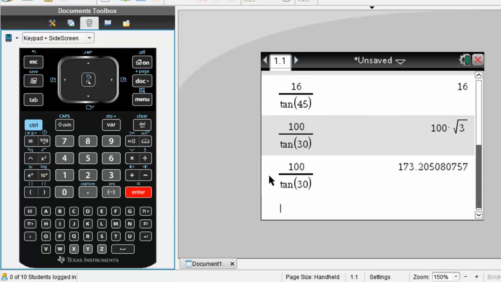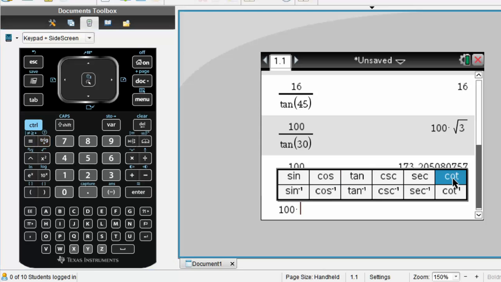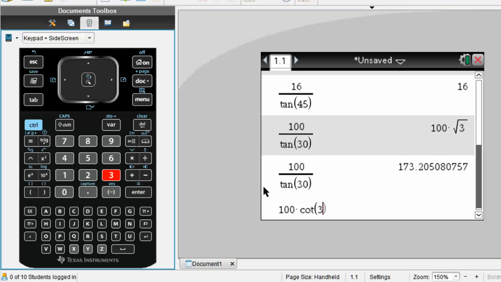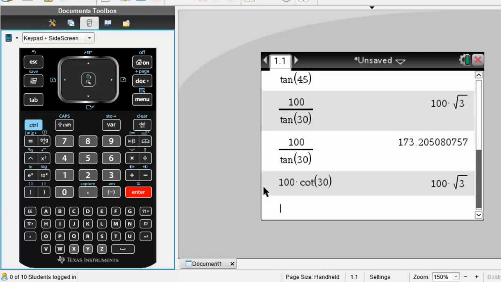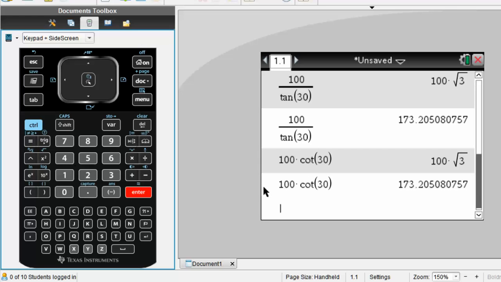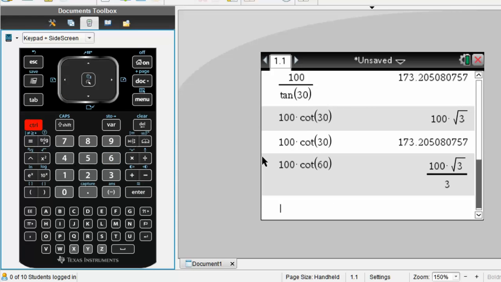So when I go to the calculator here, 100 times the cotangent of 30. And that's not going to work. Of course, that's not going to work because I used the wrong angle measure here. It shouldn't be cotangent of 30, it's cotangent of 60 this time. We're dealing with a different angle measure in a different triangle. So let me fix that and recalculate.